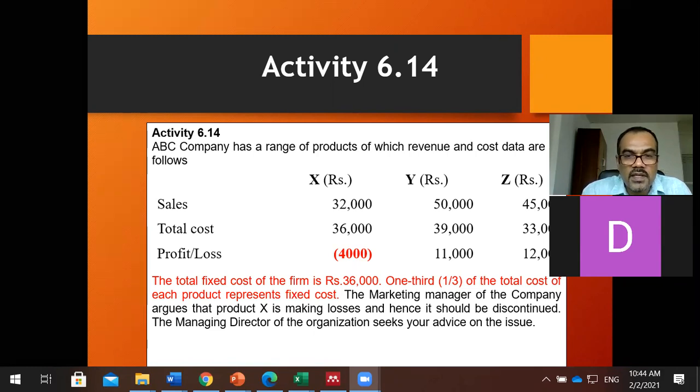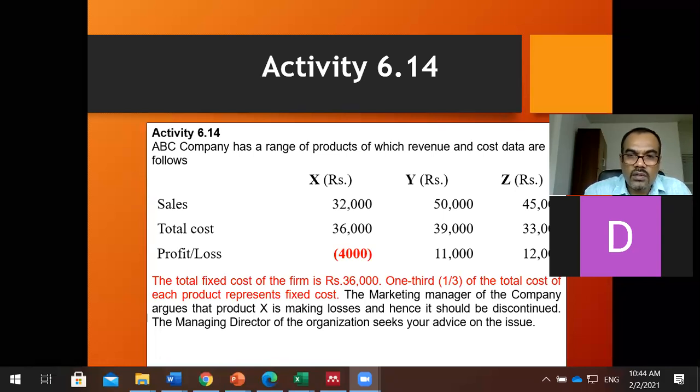Someone has said it reduces the loss, further by 8,000 and 11,000 profit, something like that. The second answer, I did not get what is meant by it. But the first answer says that it reduces the loss further by 8,000.